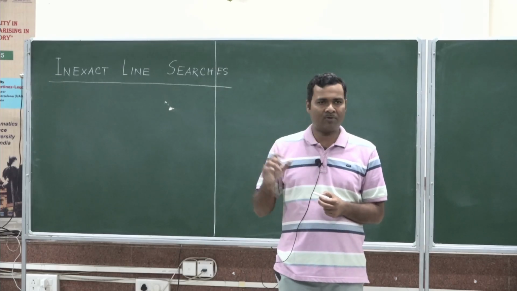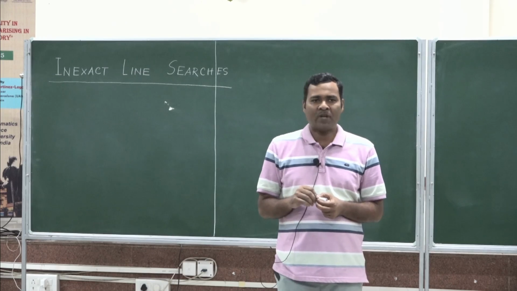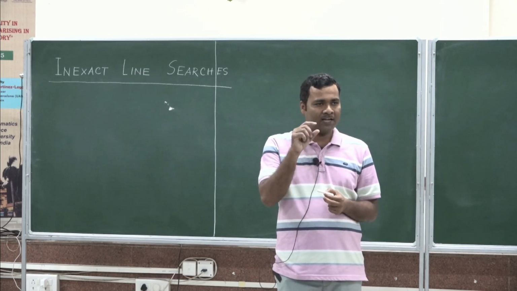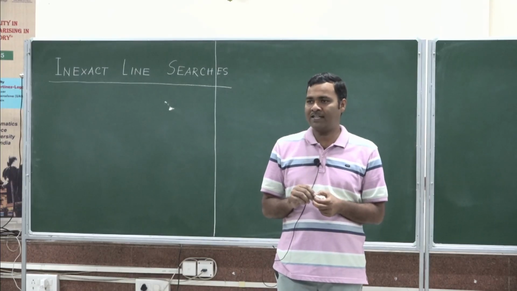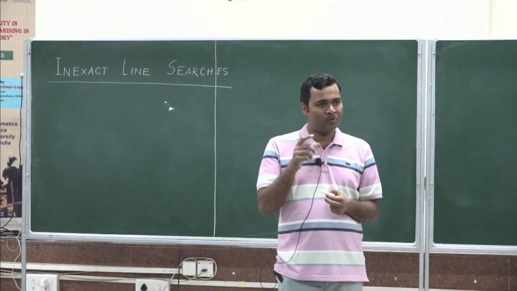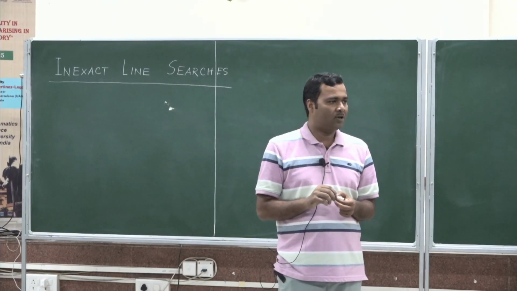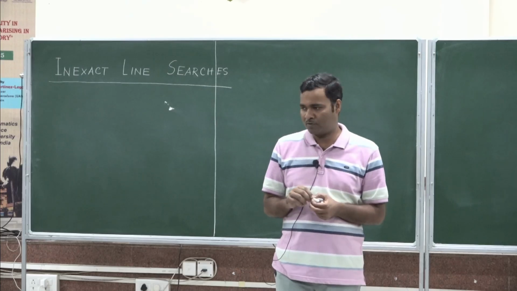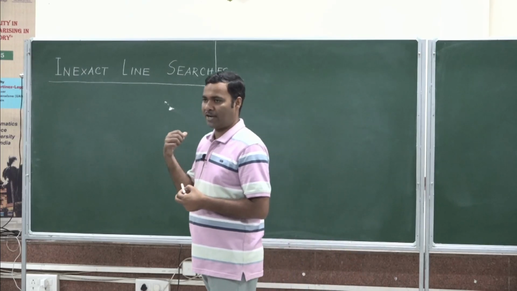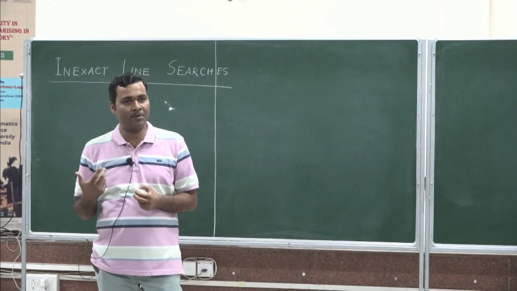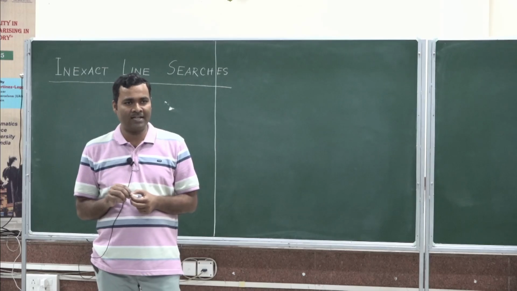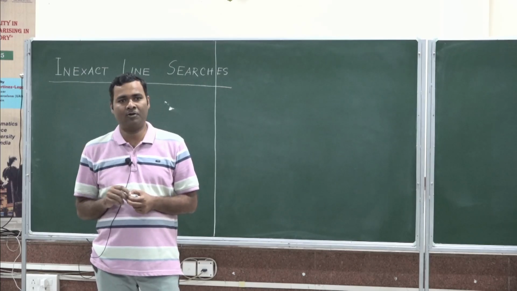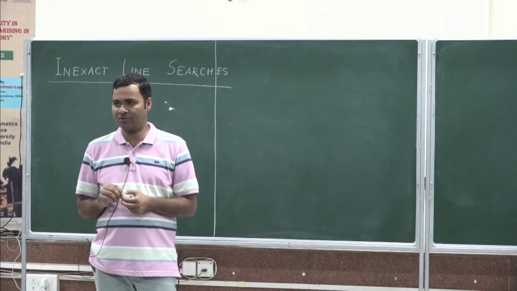I will mention what the gradient related condition is, and then with dk satisfying that gradient related condition, any general descent algorithm also will have global convergence if we follow the weak Wolfe or strong Wolfe condition. So we will prove this fact that any general descent algorithm, once the descent direction is chosen to be gradient related, with the help of the weak Wolfe or strong Wolfe, the method has global convergence.